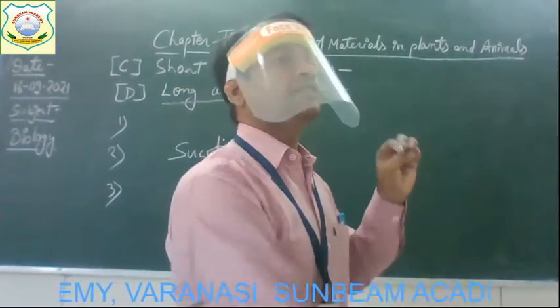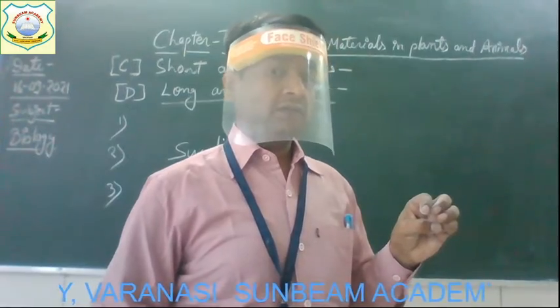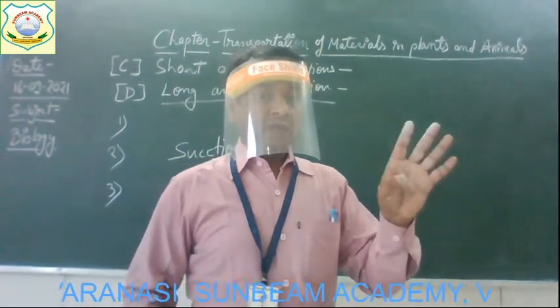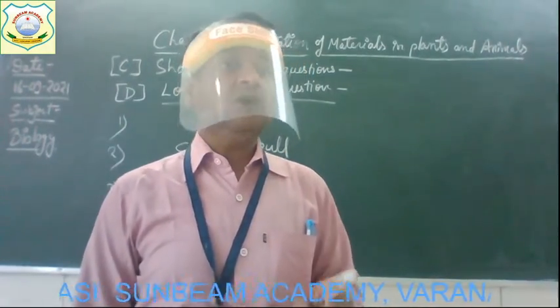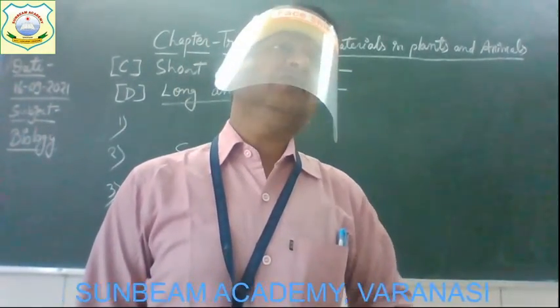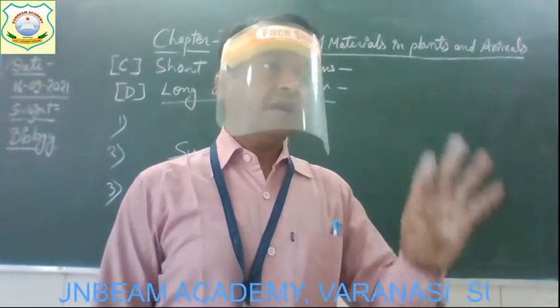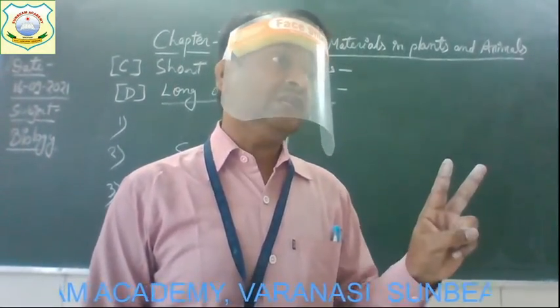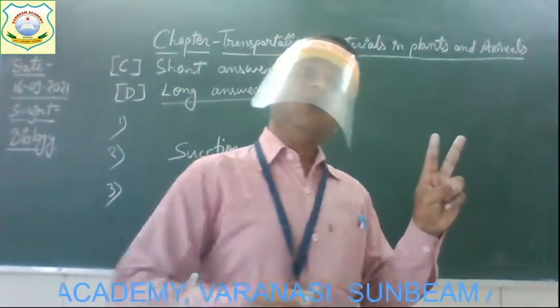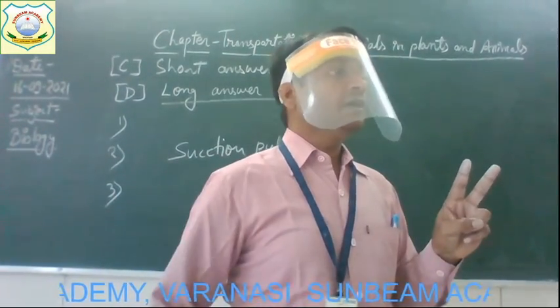They are going to be transported in our body. Food and oxygen are transported to all the cells in the body for respiration and growth. Out of the three, the two which are very important, food and oxygen, need to be transported to all the cells of the body.